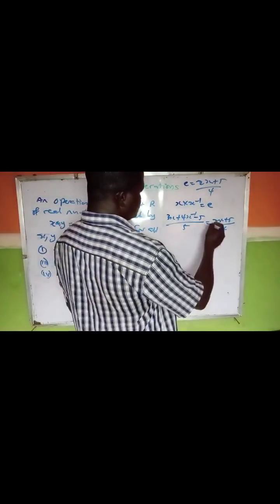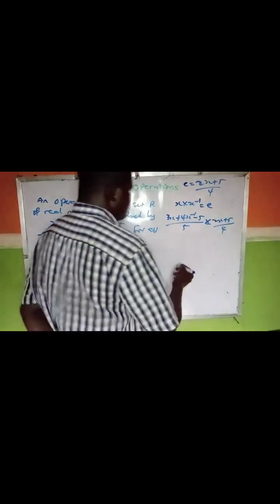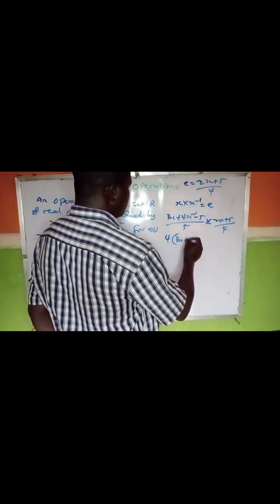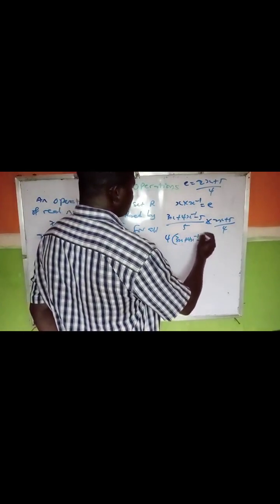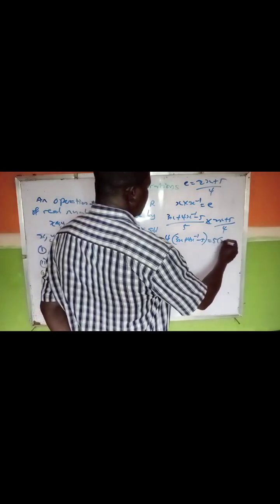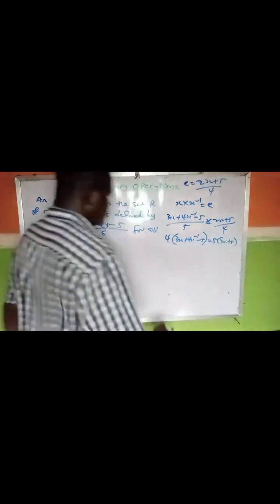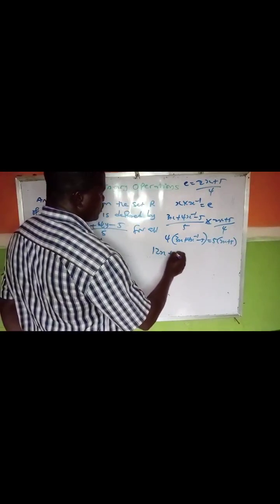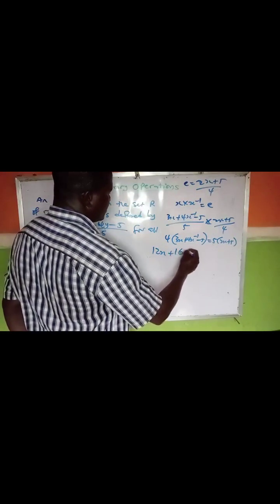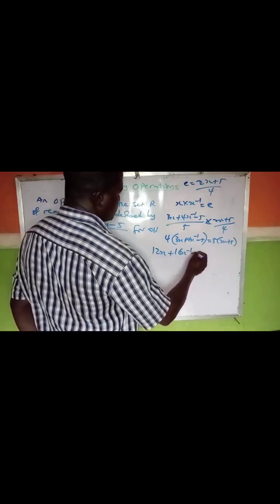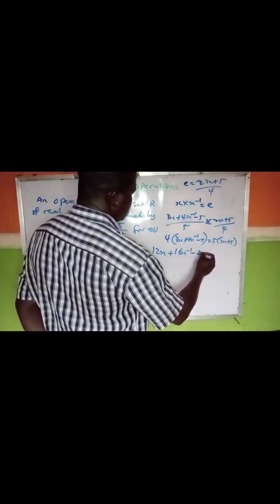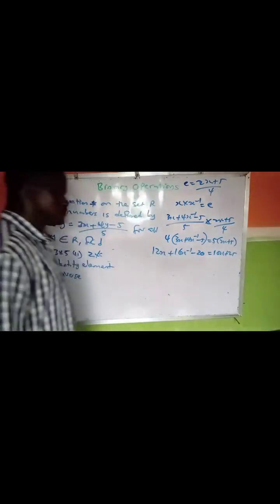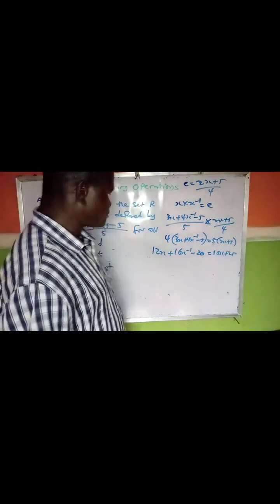So what you are going to do here is simply cross multiply. So you will have 4 times (3x plus 4x to the power minus 1 minus 5) equal to 5 times (2x plus 5). If you open the brackets, you will have 12x plus 16x to the power minus 1 minus 20 equal to 10x plus 25. So this is what we have.